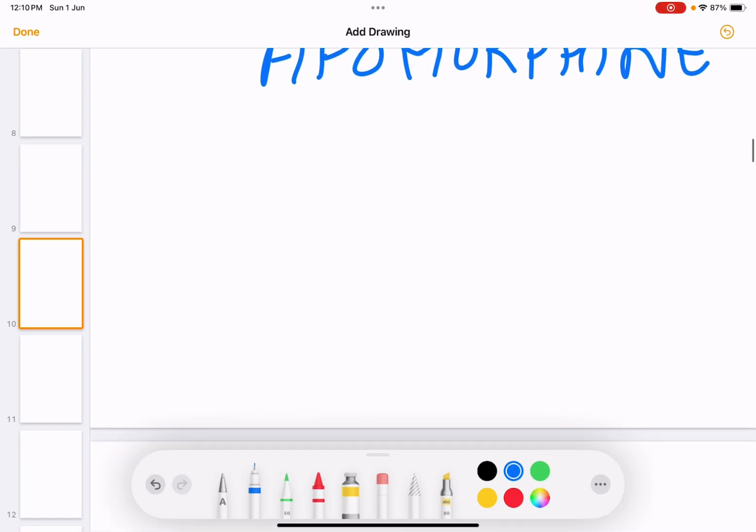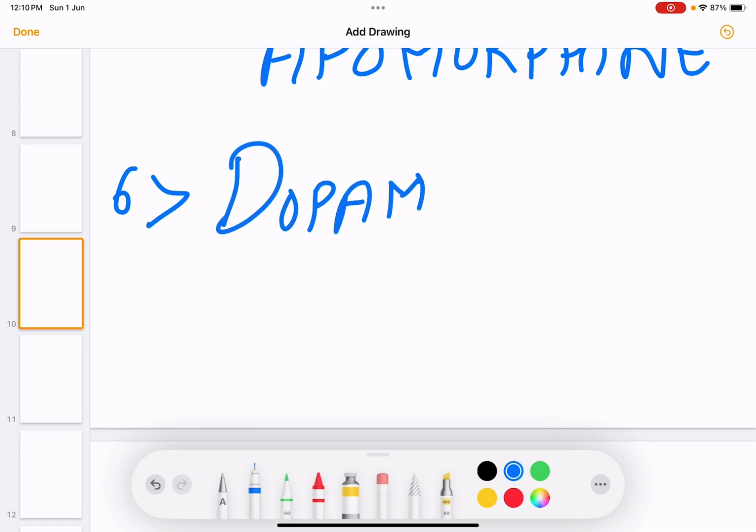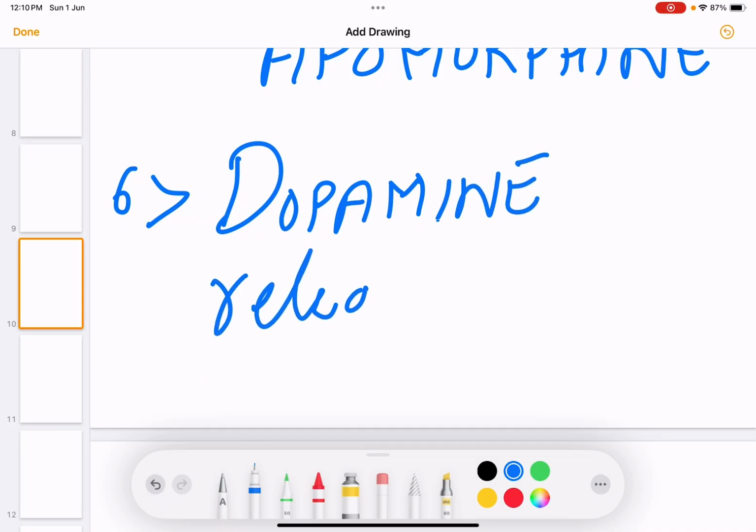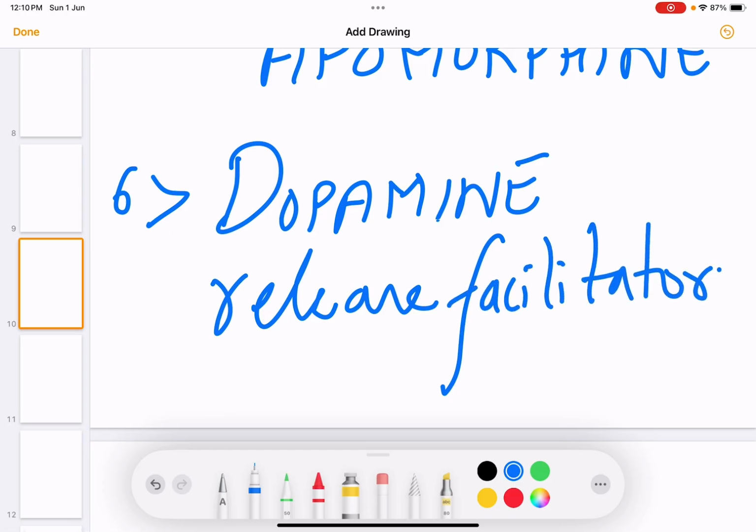Now the last category of drug is dopamine releaser or dopamine release facilitators. In this we have one drug, amantadine.